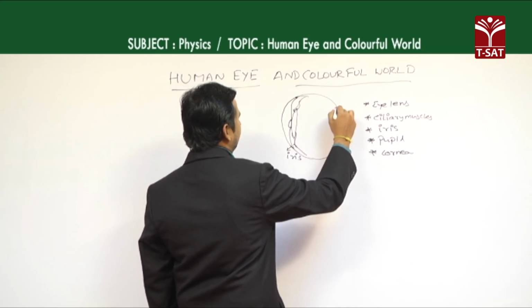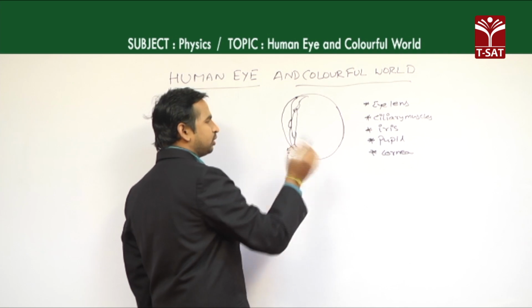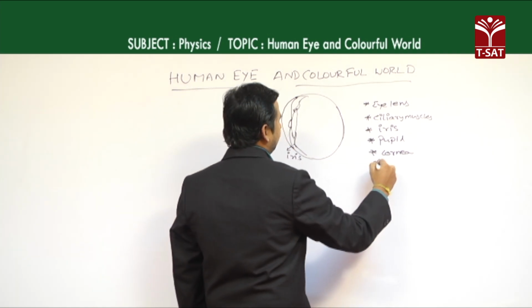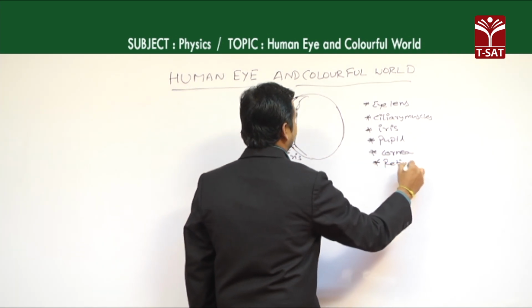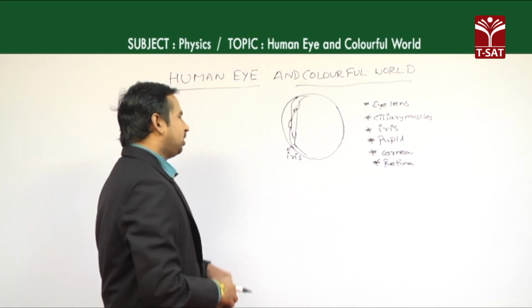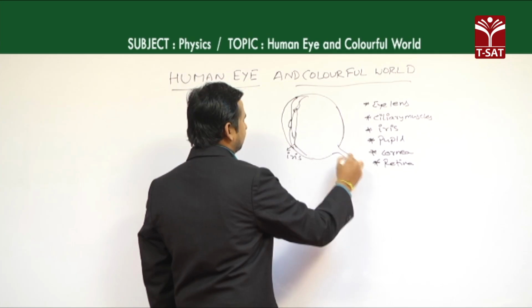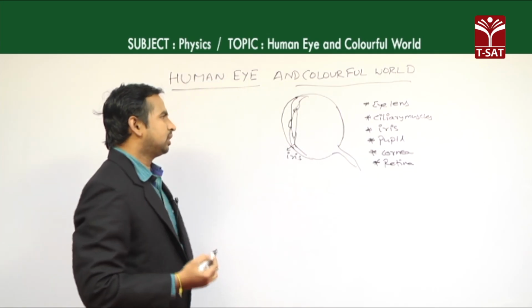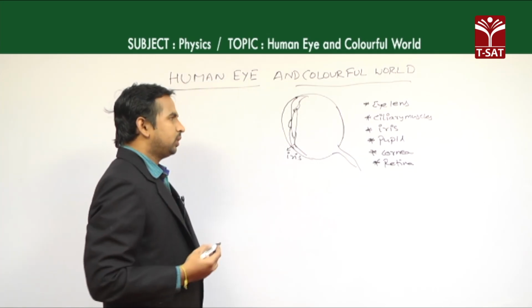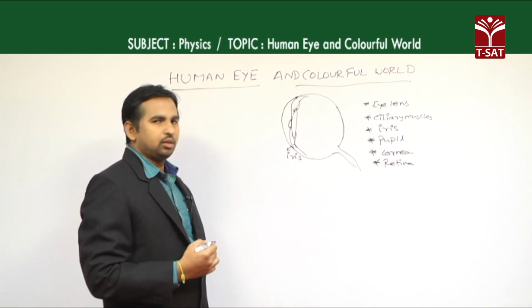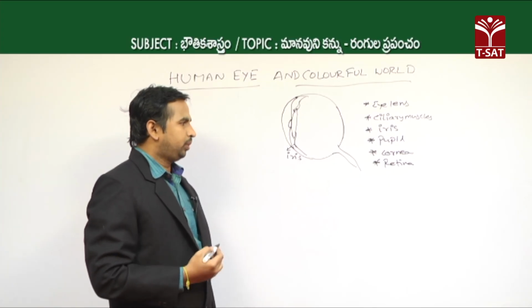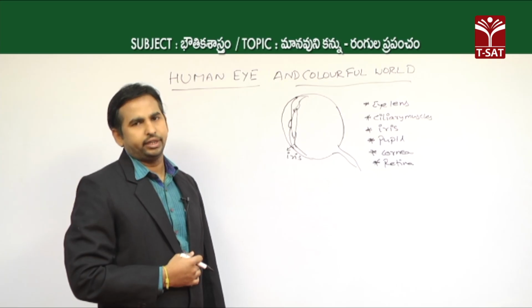On the back side of the eye lens we have the retina, and of course the optical nerves start here like this. The main important parts of our eye are the eye lens, ciliary muscles, iris, pupil, cornea and retina.